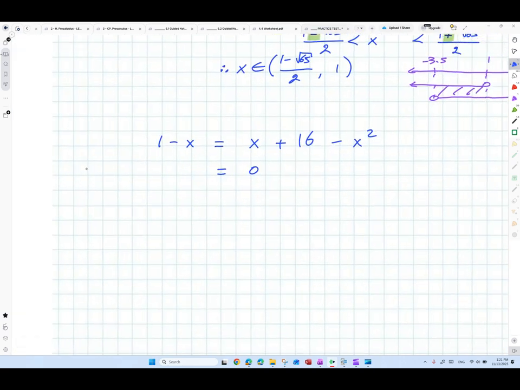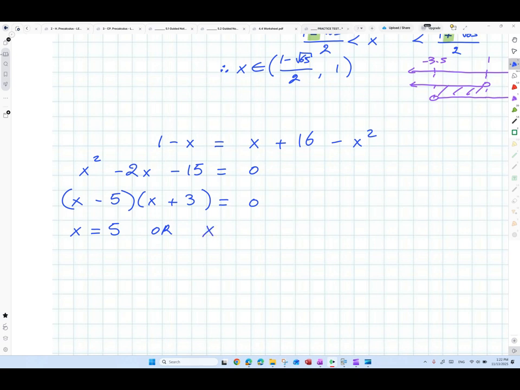So I will have positive x squared, negative x minus x is negative 2x, and 1 minus 16 is negative 15. And this is quite easy to factor. It's going to be x minus 5 times x plus 3. And I would have x equals 5 or x equals negative 3.